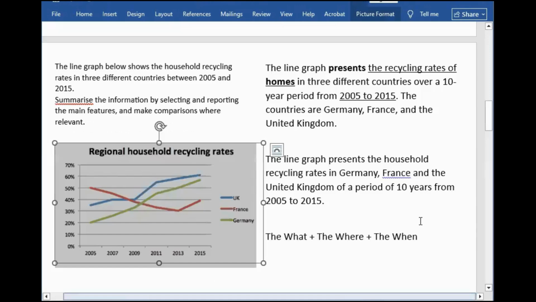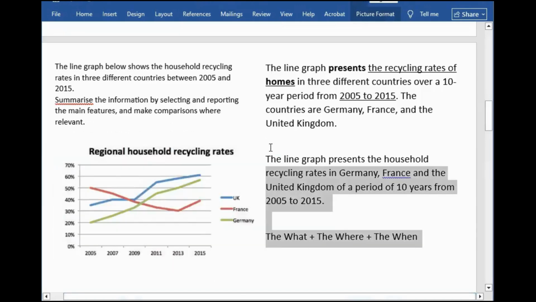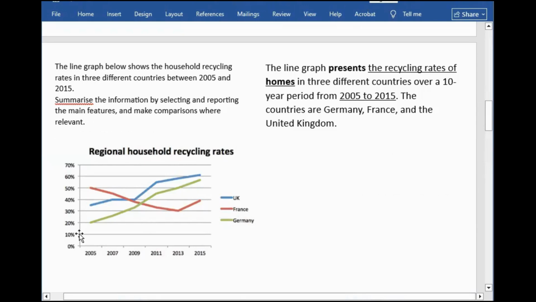So in writing my overview here, let me delete this thing here. We have three categories, so I will just present the trend. Usually for line graph, I just use trend.